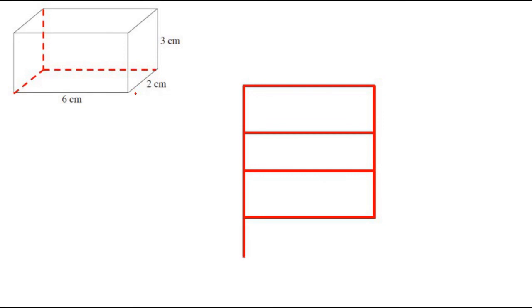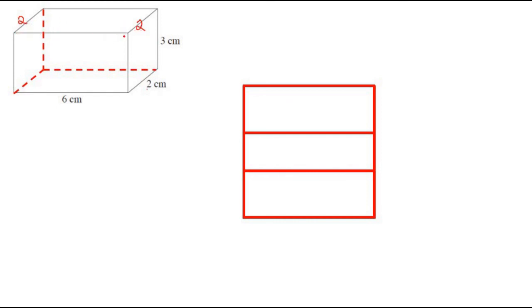Now when we fold the front down, we can also bring the lid down with us. So with the lid, we know it's going to be 2 centimeters because it's 2 here. It must be 2 here, which means it's going to be 2 centimeters on both of these.